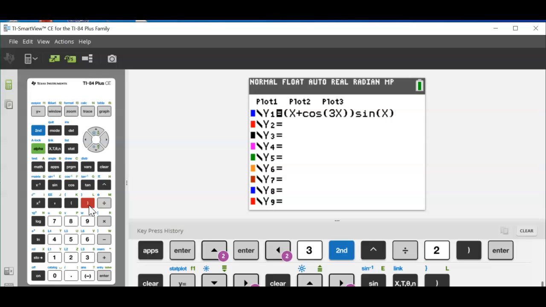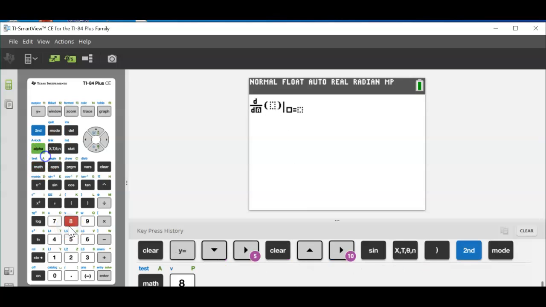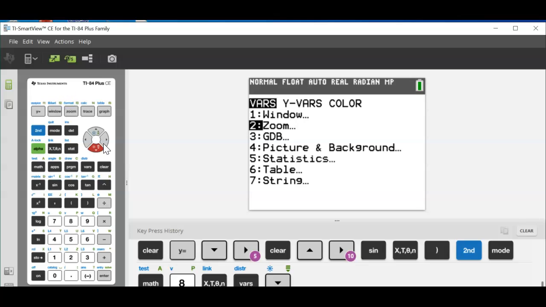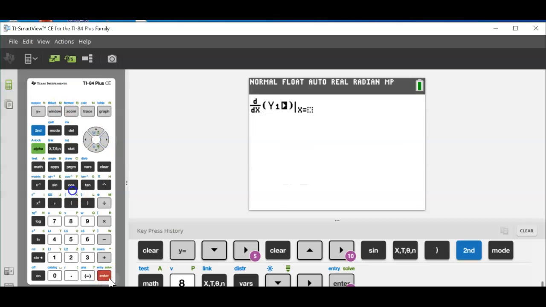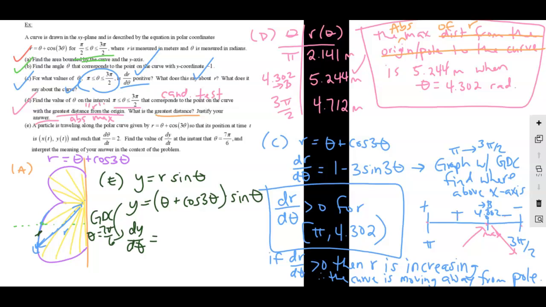So we got r sine theta typed in, math 8 x, and then y1, and then it's at 7 pi over 6. Here's our derivative: negative 5.174. But remember, that's dy d theta. That's not what it wants.